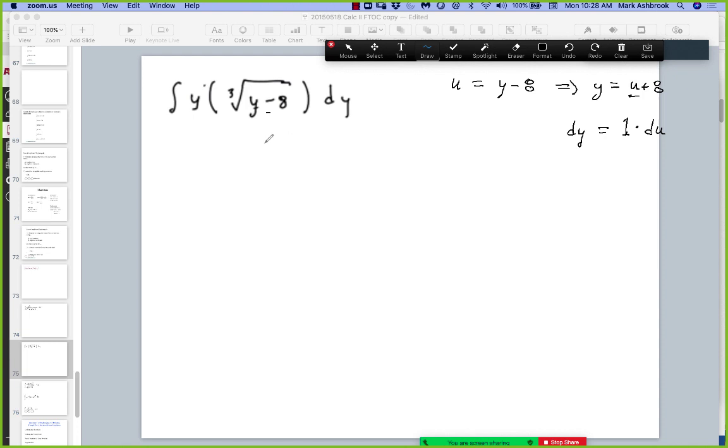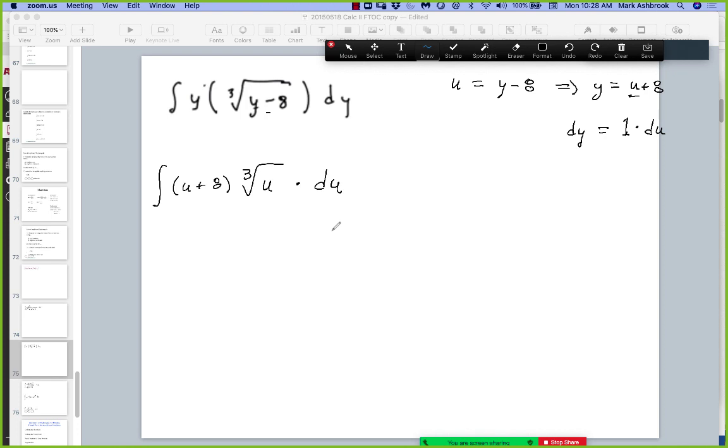Okay, and so then we got our y. That's our u plus 8. And we got our y minus 8, so it's going to be cube root of u. And we got our dy, which in this case is just du. So did it help? So we got u plus 8 times the cube root of u times du.